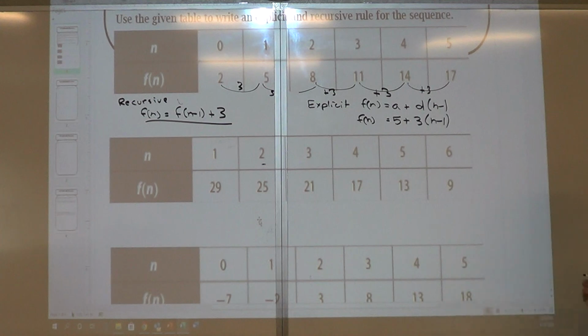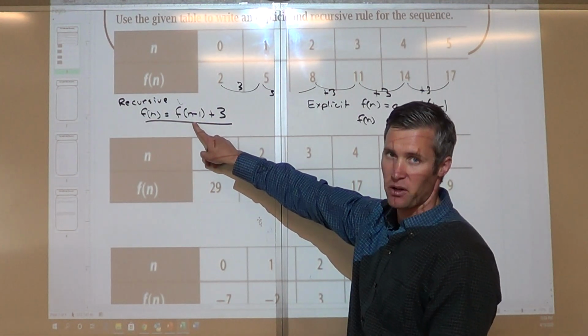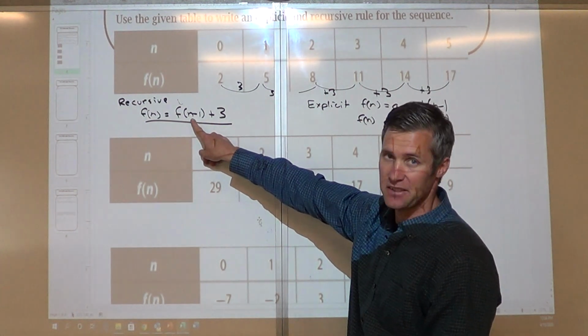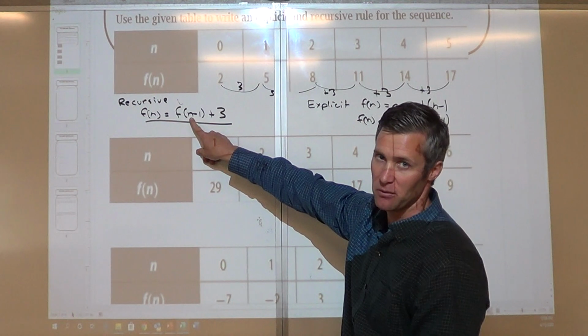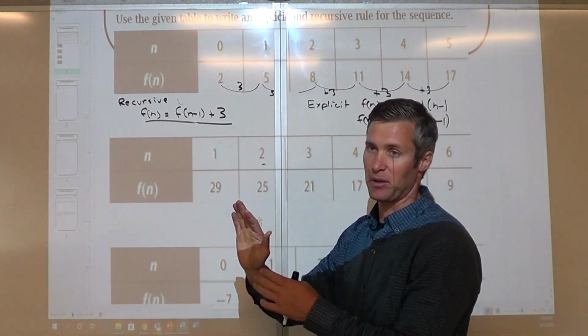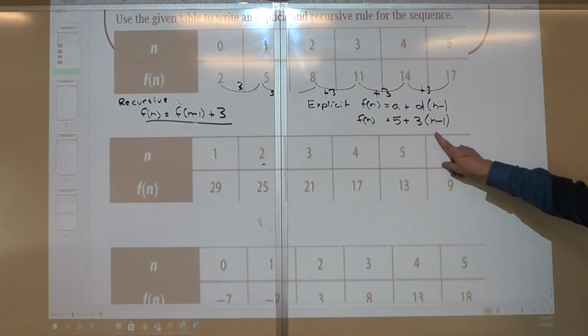Now if I want to find the 20th term with the recursive formula, I need to know the 19th term, which means I have to find the 18th term, and so on. With the explicit formula, if I want to find a term way down here, I can just plug it in.